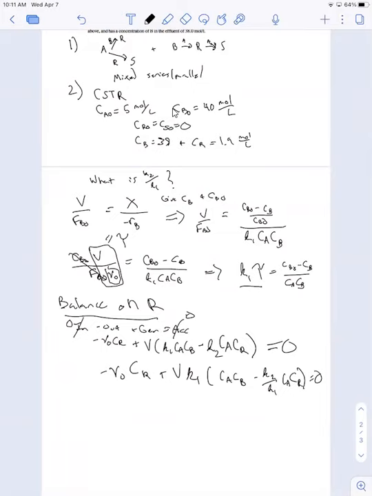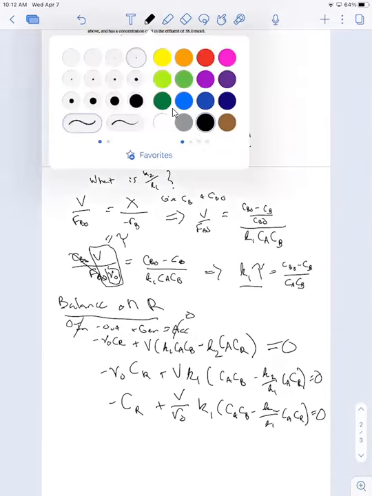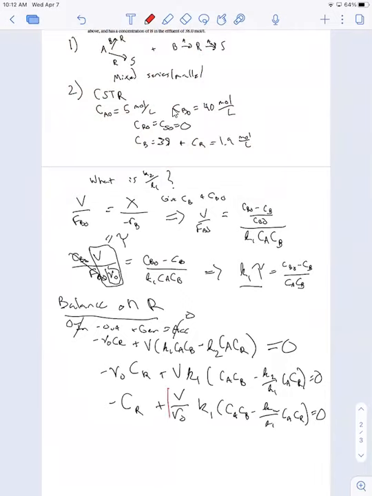And so then we can just divide. If we divide by V naught, then we'll have negative CR plus V over V naught times K1 CA CB minus K2 CA CR equals 0. Okay, so now what we can see is that V over V naught is going to be equal to our tau, and K2 over K1 is what we want to find in the problem.